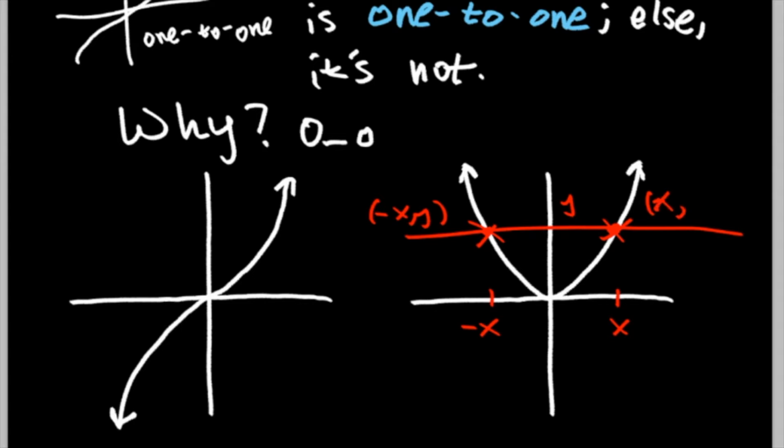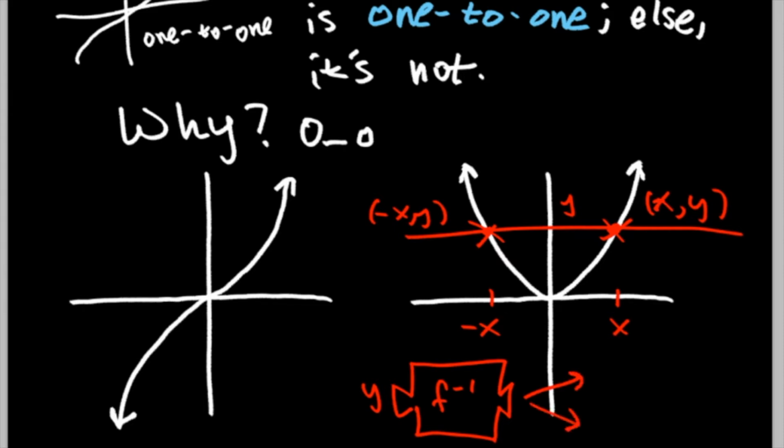If you were to actually put that into a function machine of some sort, let's put y in, and then put it into the inverse. You can get two things. You can get x or negative x. So that's a problem. Versus if you did it here, there's no problem whatsoever.